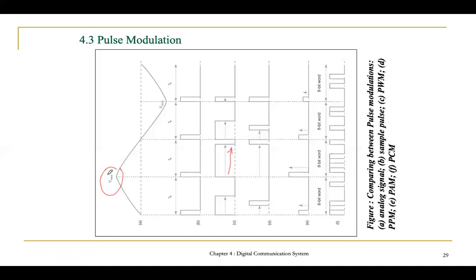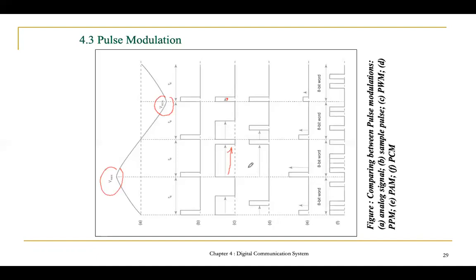This one, where the amplitude is small, is V minimum, and you can see that the width of the pulses is also smaller. So this is pulse width modulation. Lebar, width, is kelebaran.